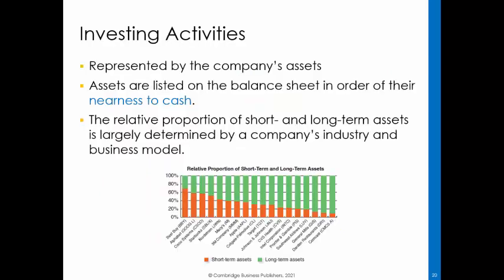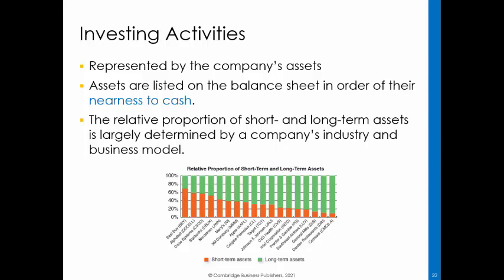The relative proportion of short-term and long-term assets is largely determined by a company's industry and business model. This is evident in the graph on this slide. Larger investments in short-term assets occur at companies such as Best Buy, Starbucks, and Nordstrom's that carry relatively high levels of inventory. High current assets also occur for technology companies like Alphabet, the parent of Google, and Cisco that have high cash balances and large investments in marketable securities.